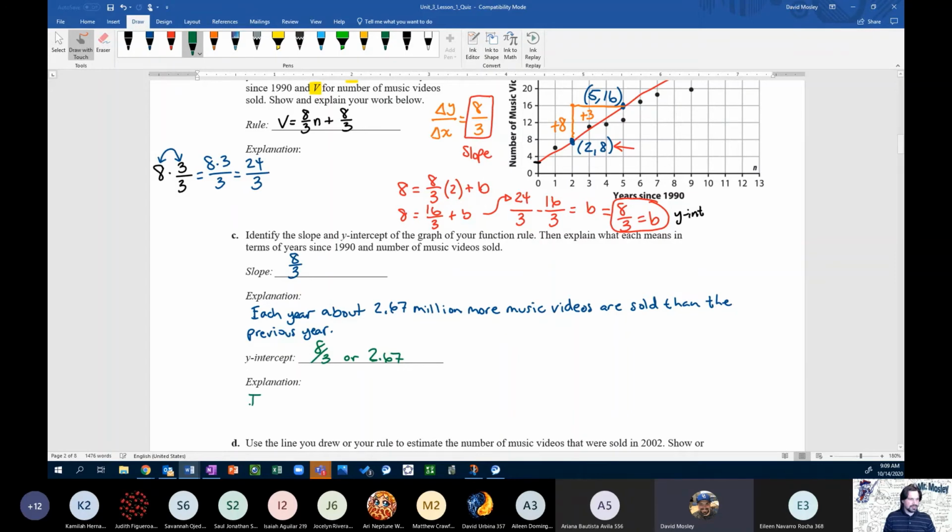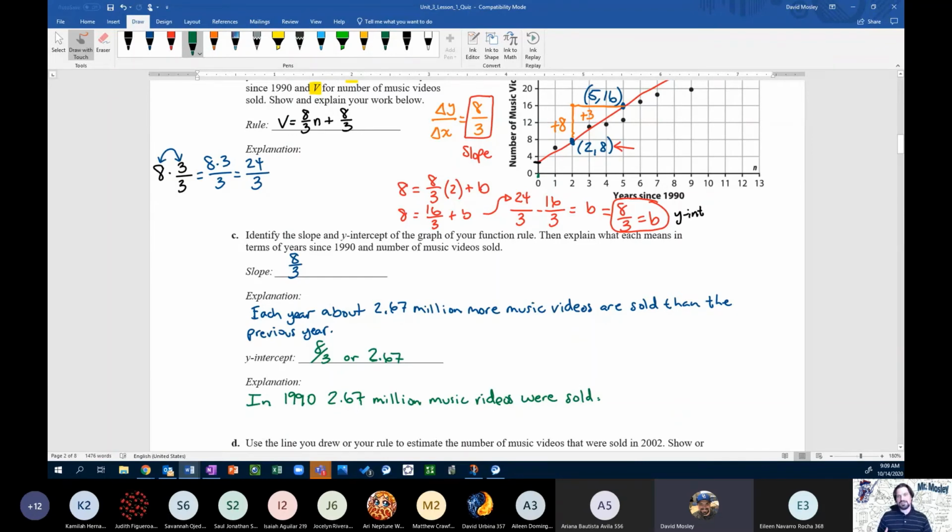So in 1990, the first year represented on our graph here, this represents 1990 at 0, 2.67 million music videos were sold. So this is what it has to do with our context.